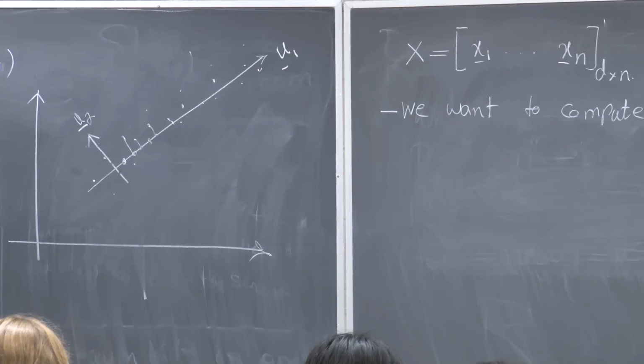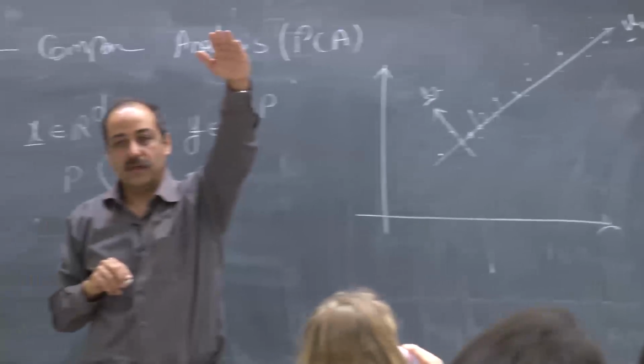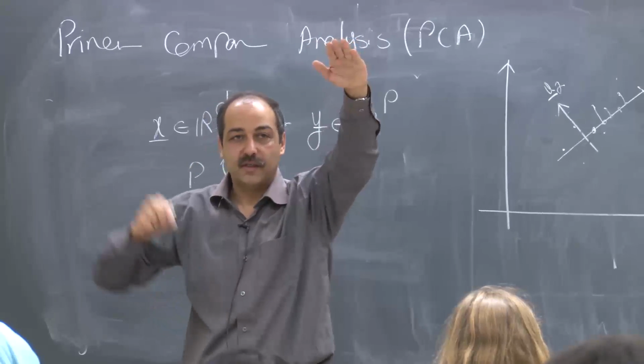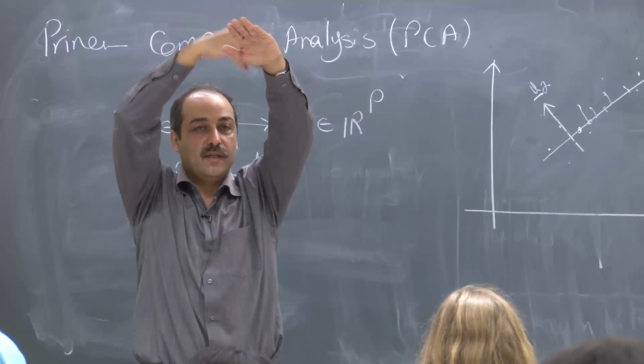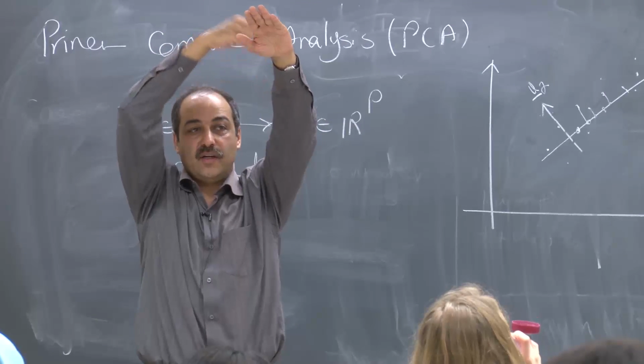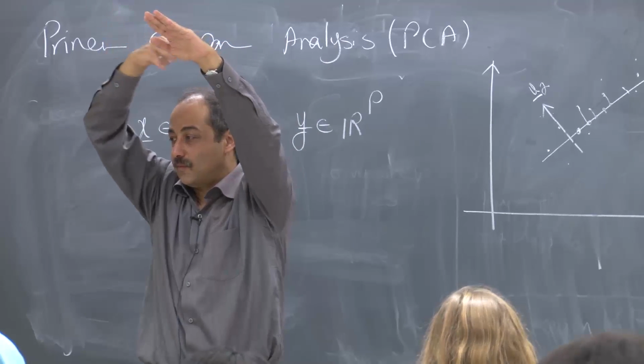By definition, U1 is a direction such that the variance of the data on that direction is maximum.